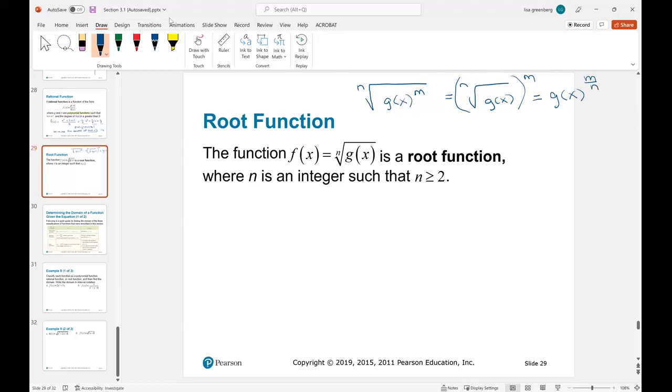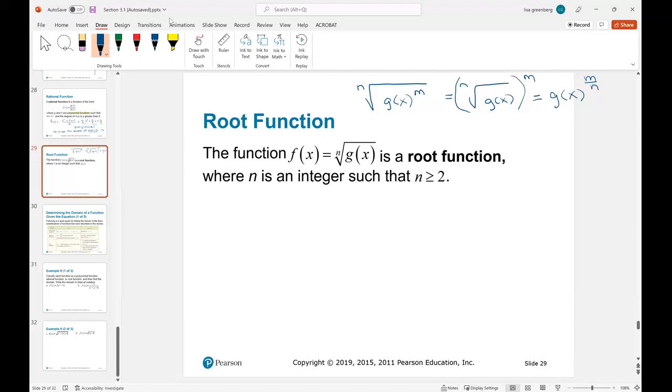Okay, so let me see if I can make this look a little more palatable. So first of all, if there's no n, we assume it to be 2. That's all. When you say square root, you won't see an index. You won't see that n, but it will be a 2. Otherwise, you'll have a value there.